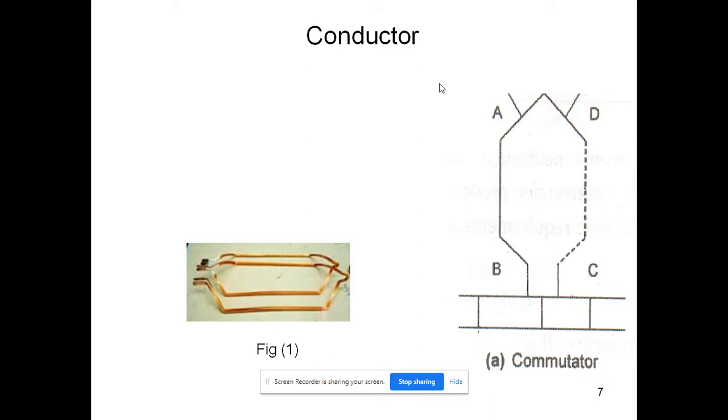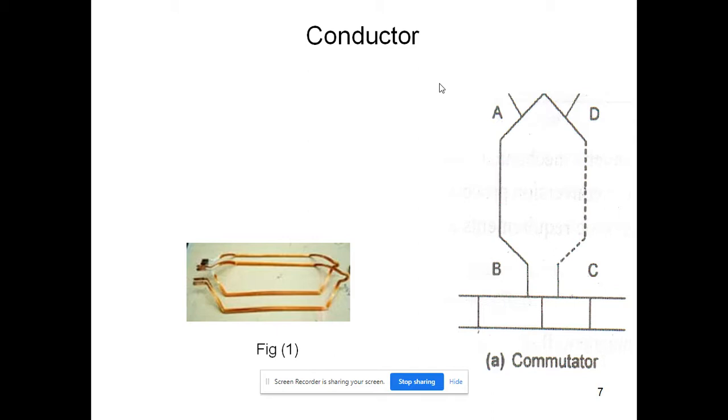Now let us see the second important term, that is conductor. I think all the electrical students know about the conductor. Here in figure A, you can see a rectangular conductor which is placed in the armature slots.